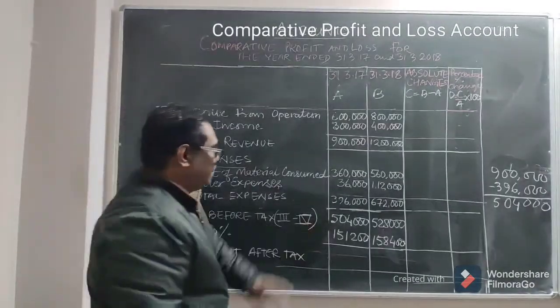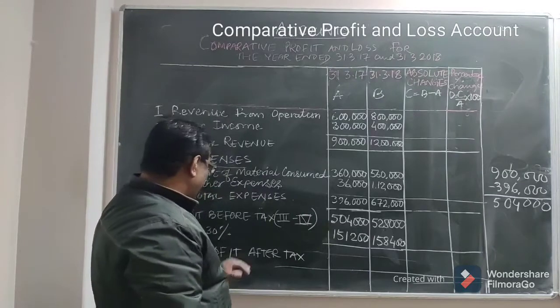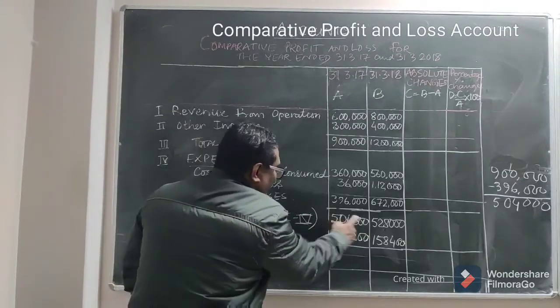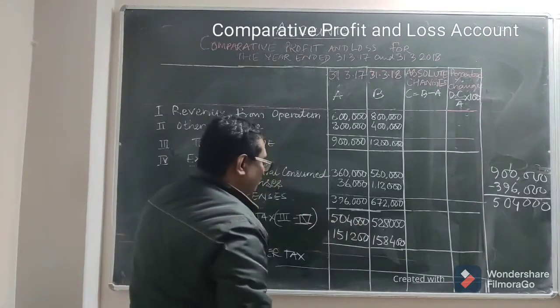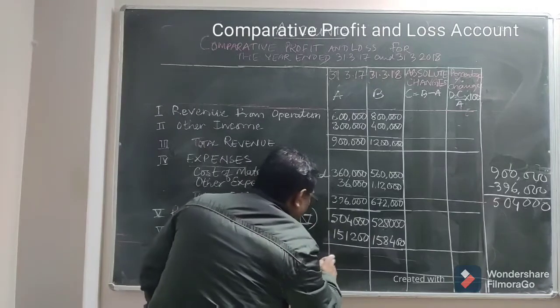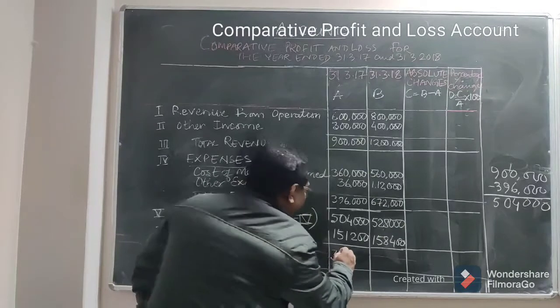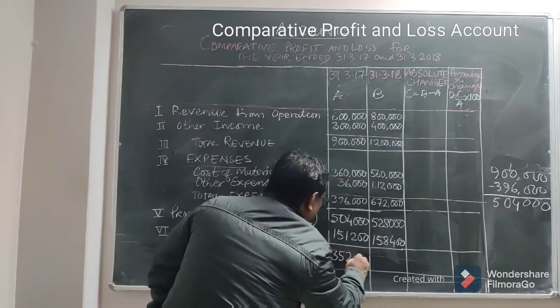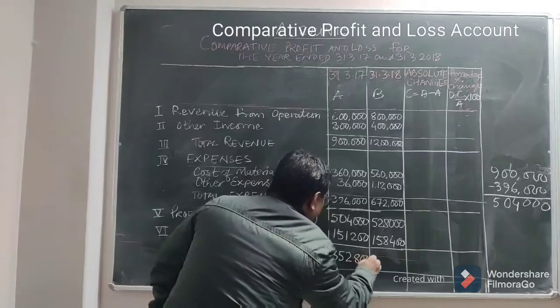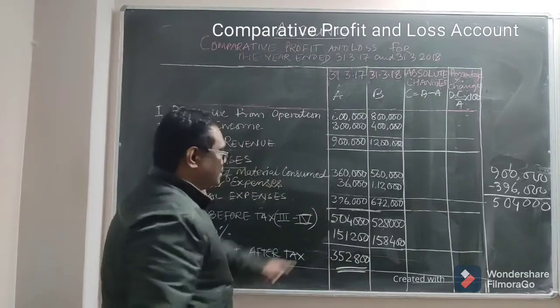So this is the tax at 30%. Now we'll calculate profit after tax. 5,04,000 minus 1,51,200 gives 3,52,800. This is the profit after taxes.